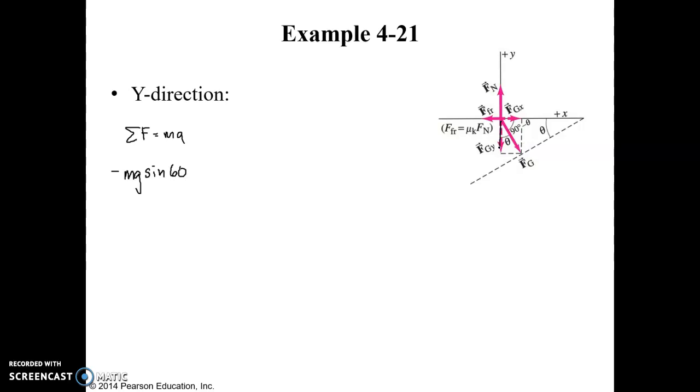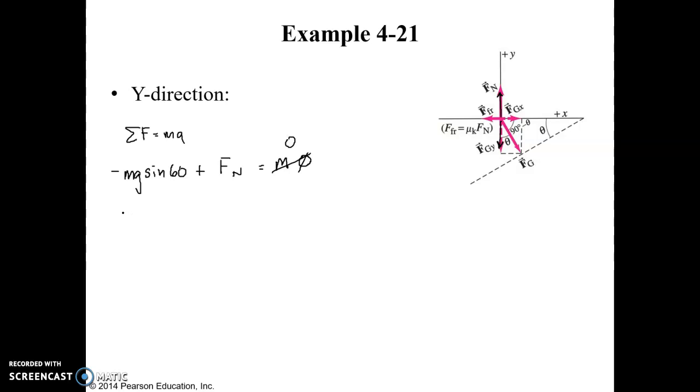That's the vertical component of her weight going down, plus the normal force going up. Now, in this case, the skier is not going up in the air or falling down through the ground. She is remaining on this surface. So we can say in the y direction that there is 0 acceleration. So that means this whole term just becomes 0.